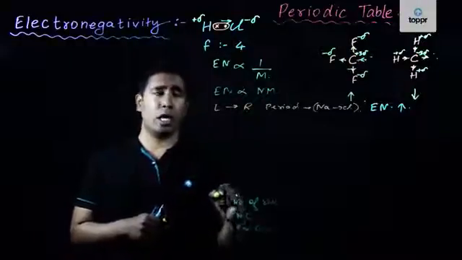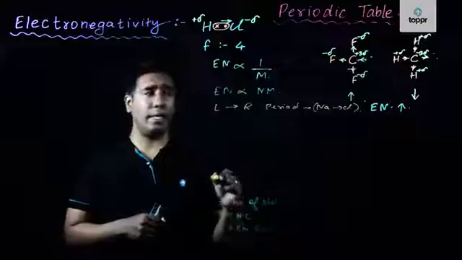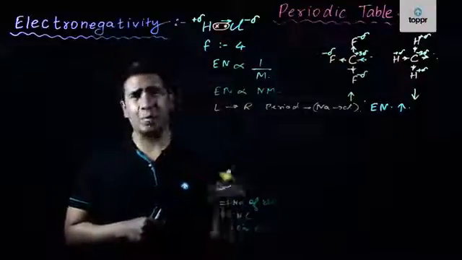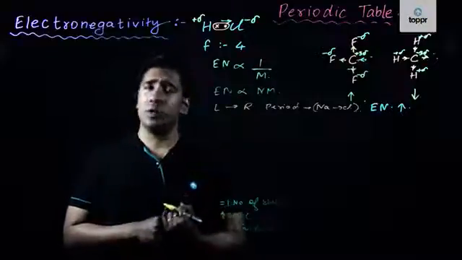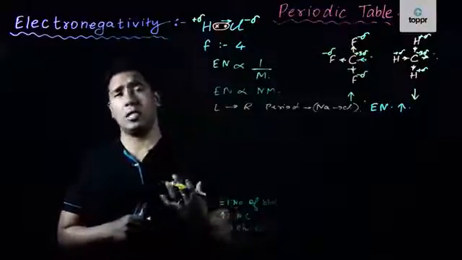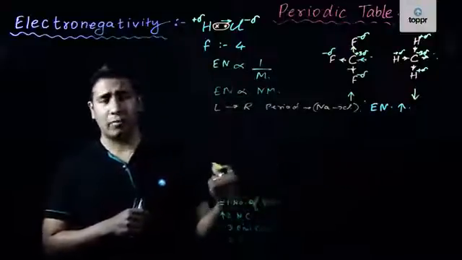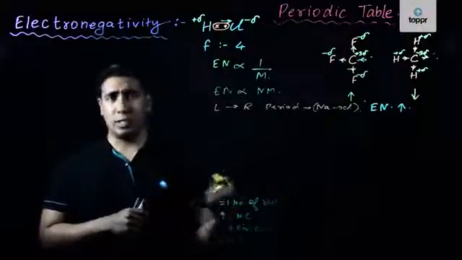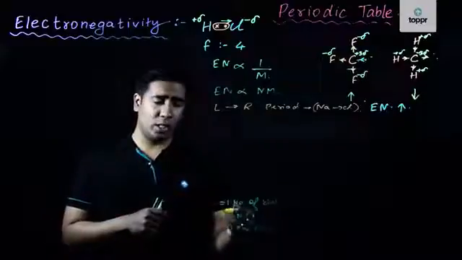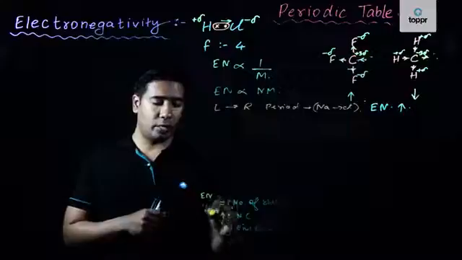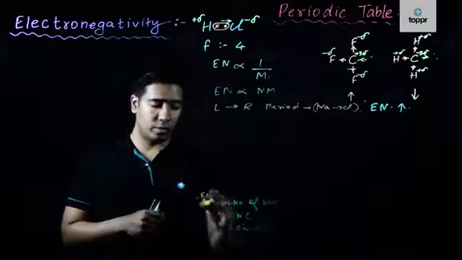And when the nuclear charge increases, there will be a greater tendency by the nucleus to accept a negatively charged electron, because the more the nuclear charge, the more positive charge inside the nucleus, and the more strength with which the nucleus will pull a negatively charged electron towards itself. So as the nuclear charge increases, the value of electronegativity also increases.